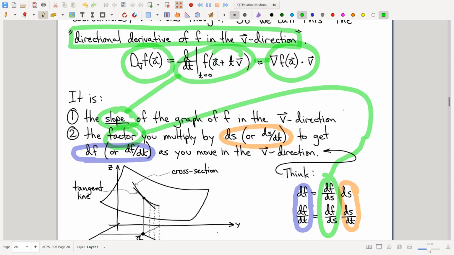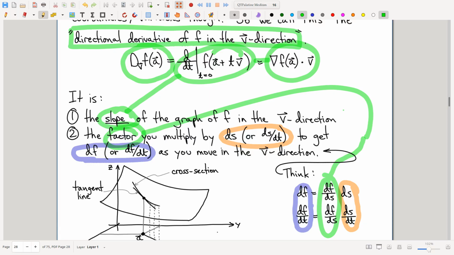So again, summarizing, pick any unit vector you like, any unit vector v. A directional derivative means when you're at the point A and moving with velocity v, how fast is the function changing? It gives you the slope of the graph in that direction. It gives you the multiplicative factor that you multiply by input changes to get output changes.